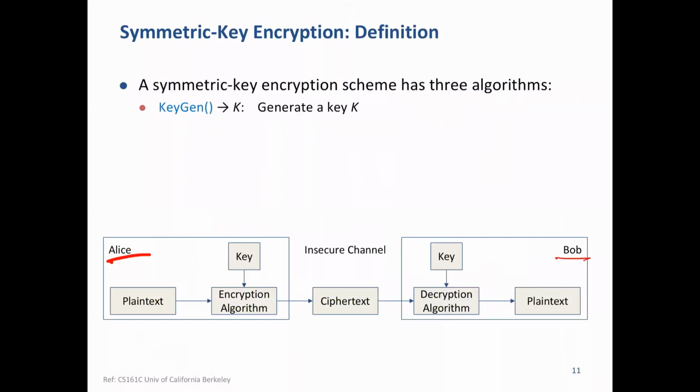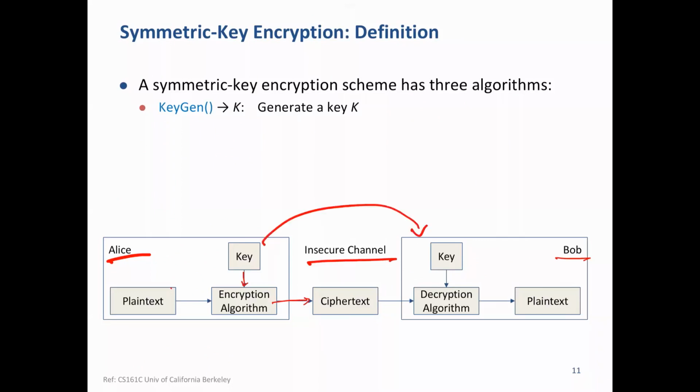She has a plain text which she wants to send to Bob, and she uses a key and an encryption algorithm, and what she gets is a ciphertext. She sends this ciphertext to Bob over an insecure channel, for example the internet.